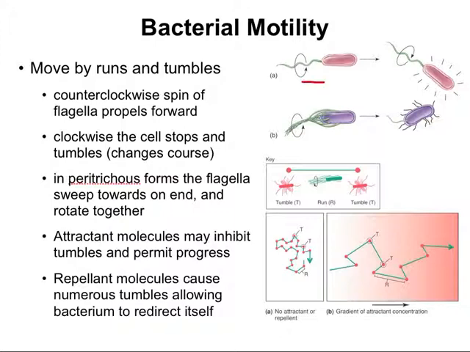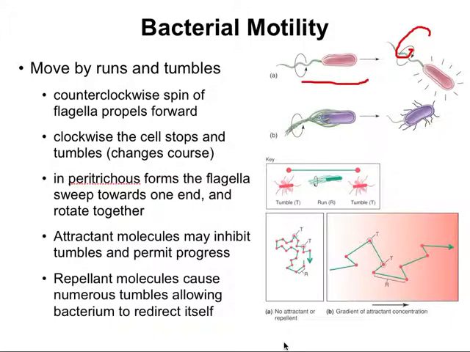When we look in figure A, a counterclockwise spin of the flagella will propel the bacteria forwards. Every so often, that spin changes direction and the cell stops and tumbles or changes its course. You can see these patterns exhibited in the figure below. We'll talk about those shortly.